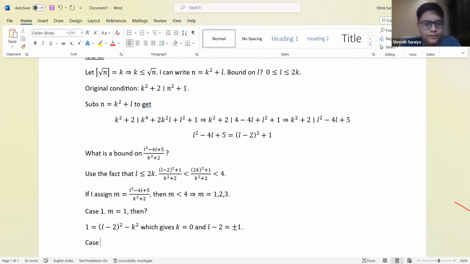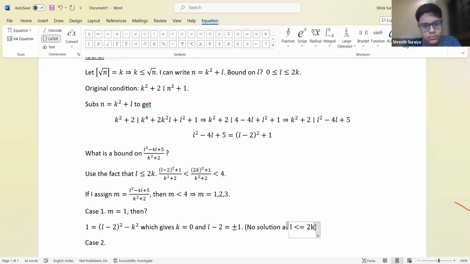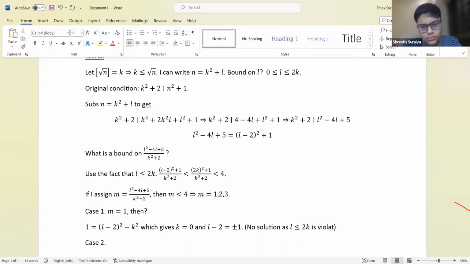Can someone help me with the next case as well? If you want, you can unmute and present your proof.